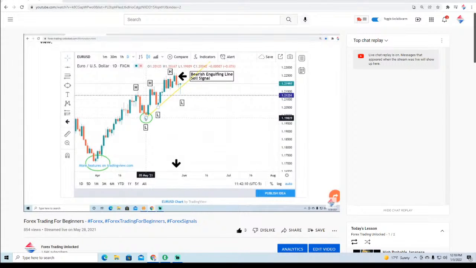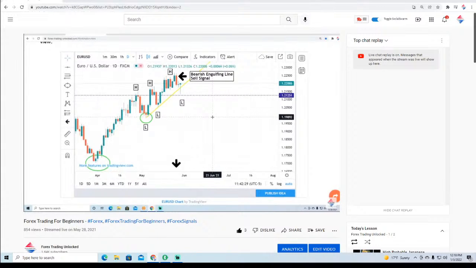So for the 50%, if you take this low, the value here, which is $1.1985, and you go to this high from 4 sessions ago, right up here, this last high, that's at $1.2266. That gives you the $1.2125 area as your 50% mark.